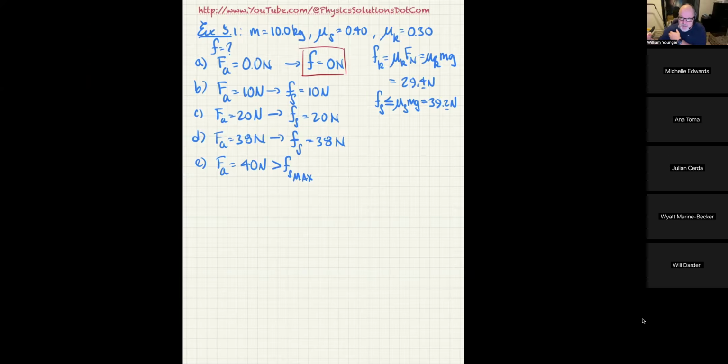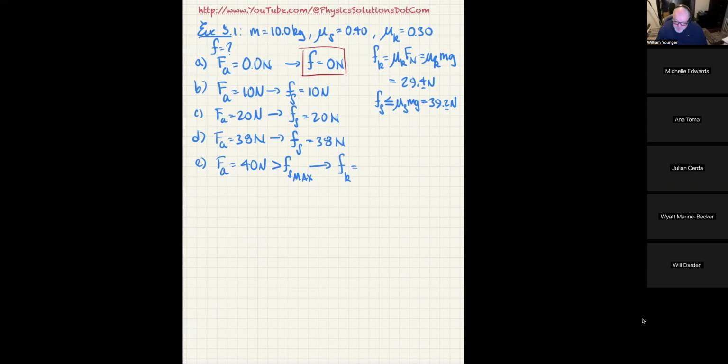If you wanted to add an extra sig fig, it'd be 39.2, but roughly around 39 newtons is all the static force can come up with. So in this case, it exceeded the static force. That means it's definitely going to move. We don't have any choice about that, but that's going to cause it to go into kinetic friction.